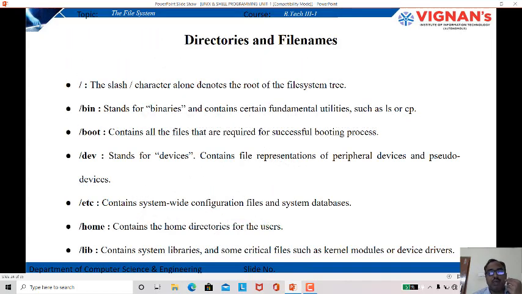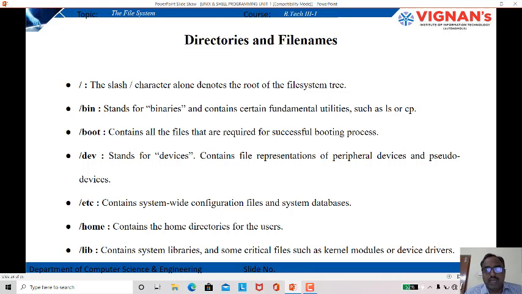Next one is boot. Boot contains all the files that are required for the successful booting process. Next, dev. The name itself indicates it stands for devices.